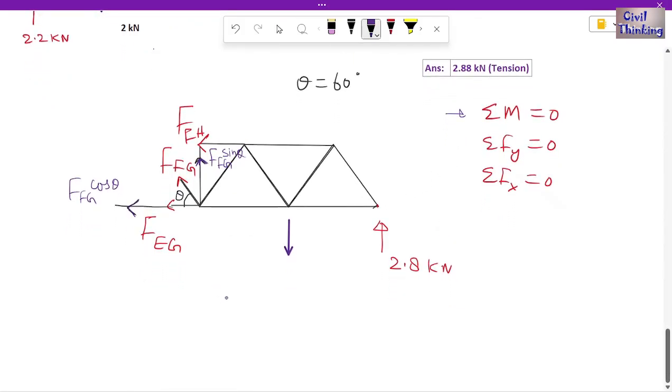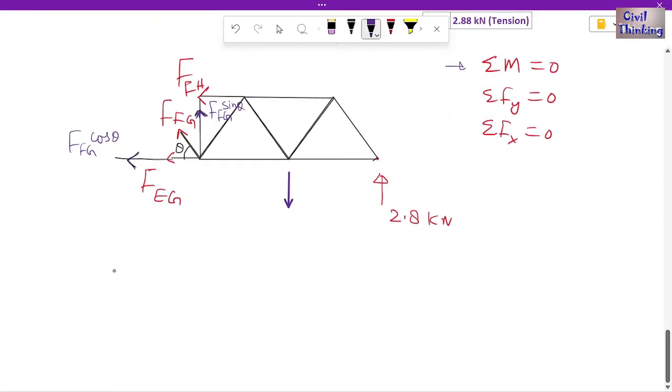Now let me find some space here. Summation of moment, let us find the moment about this point, which was K. Remember, this was point K. Summation of moment about K is 0. Assuming clockwise moments are positive and anti-clockwise moments are negative.